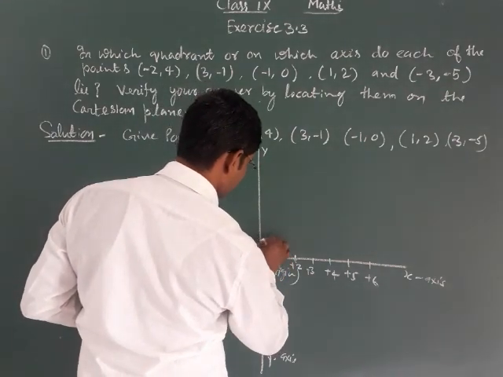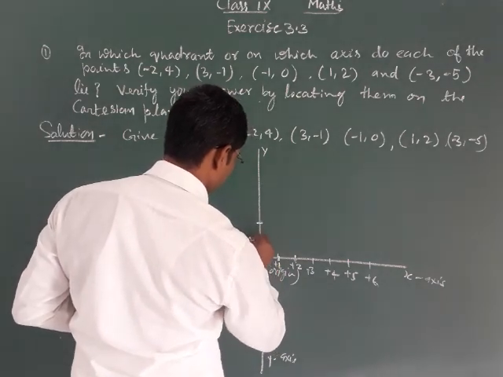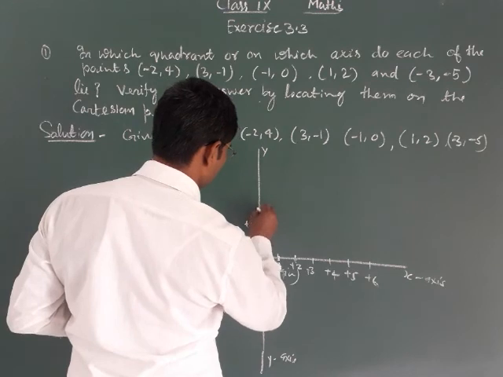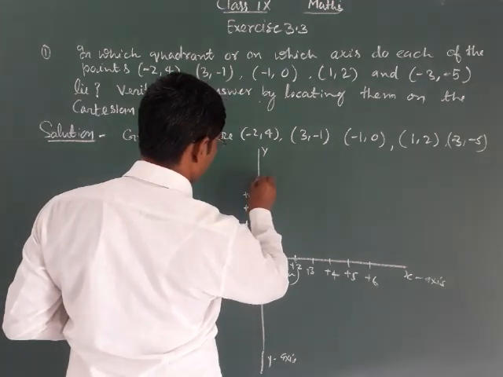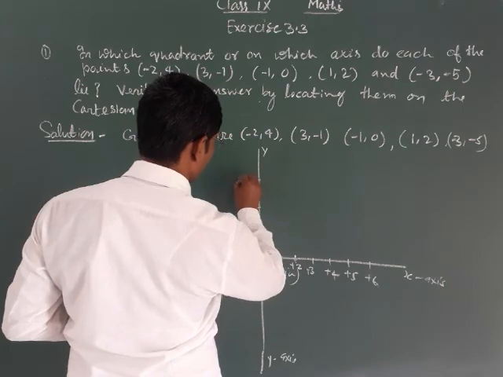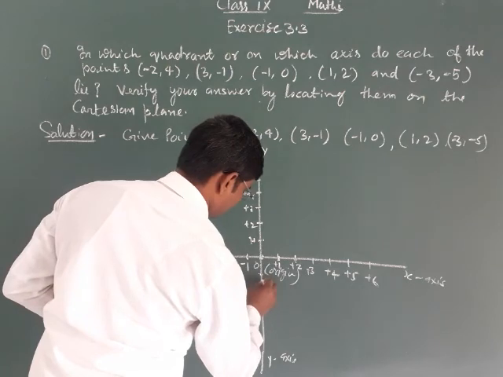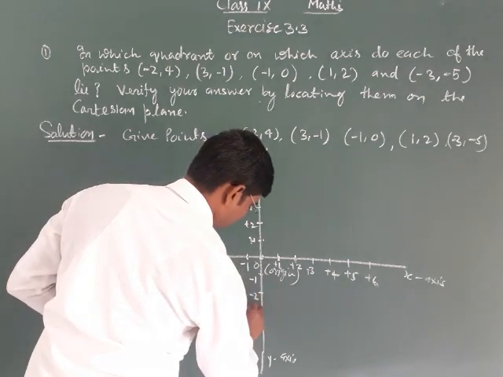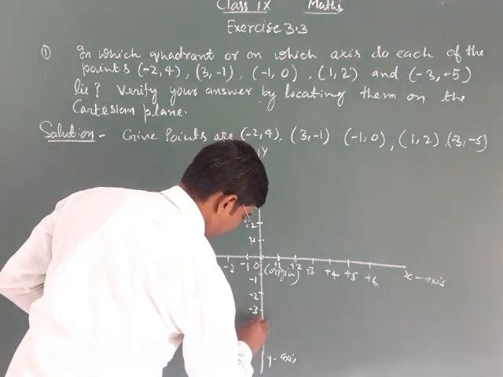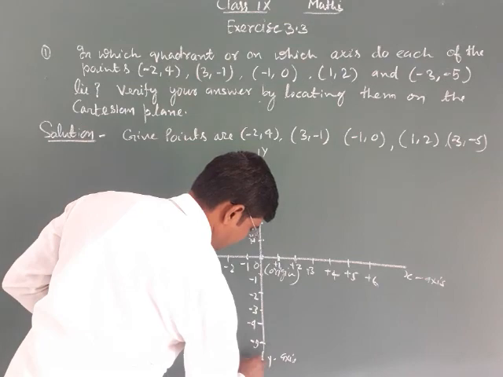So this is 1, 2, 3, 4, 5, 6. Also, this is -1, -2, -3, -4, -5 and this is -6.